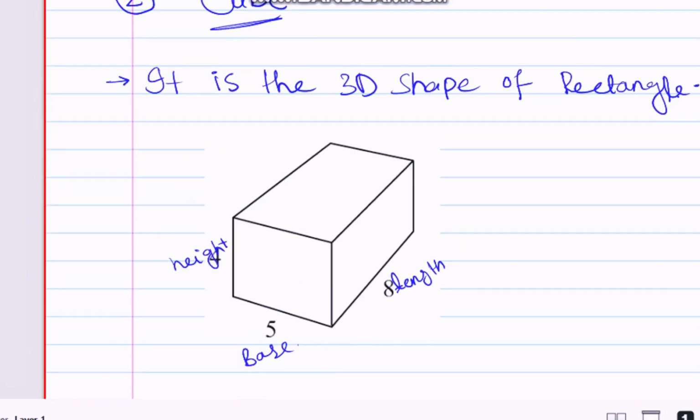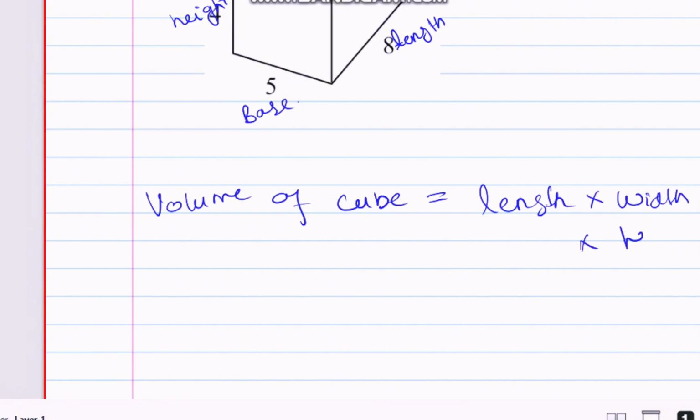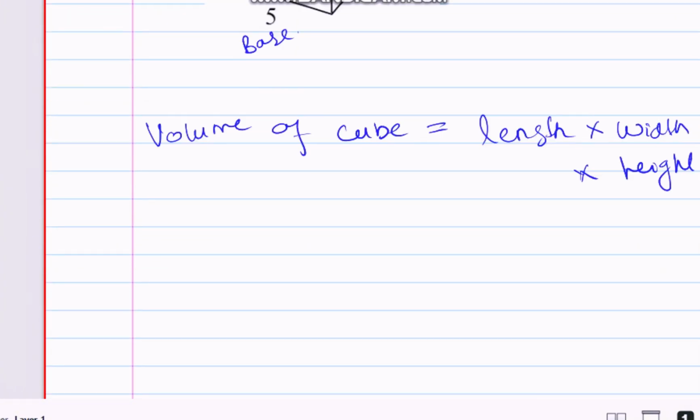What is the volume? If someone asks you the volume of a cube, it's very easy. The volume is the multiplication of all three: length multiplied by width multiplied by height. Let me write it in concise form: V is equal to L cross W cross height.